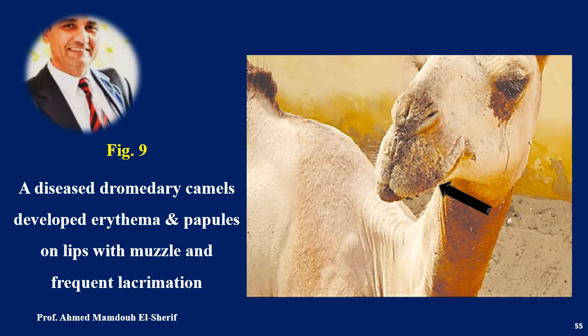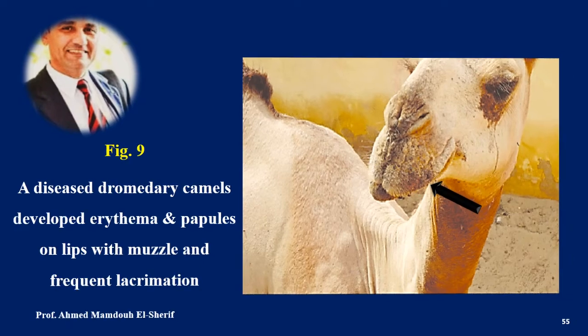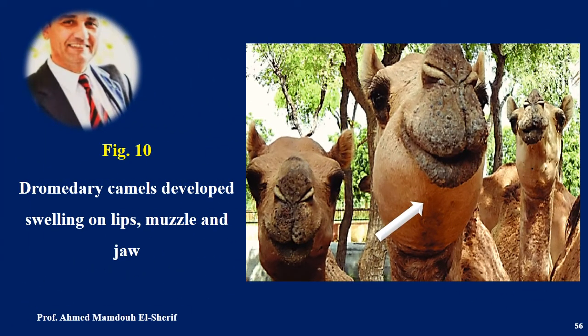A diseased dromedary camel developed erythema and papules on lips with muzzle, and frequent lacrimation has been seen due to the pain effect of these lesions. Figure number 10 showed dromedary camels that developed swelling on lips, muzzle, and jaw, as well as intermandibular spaces.